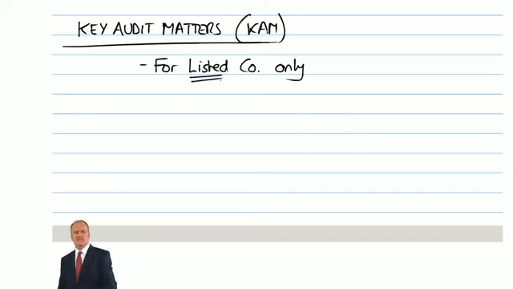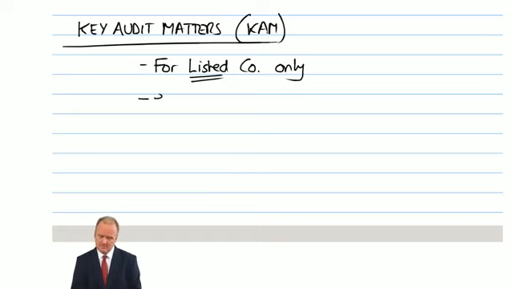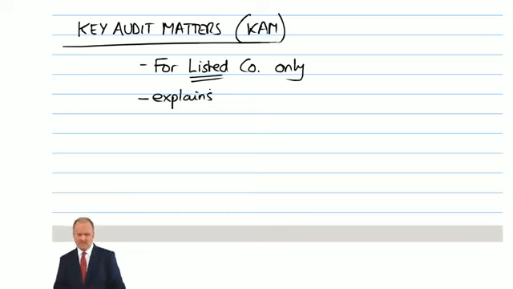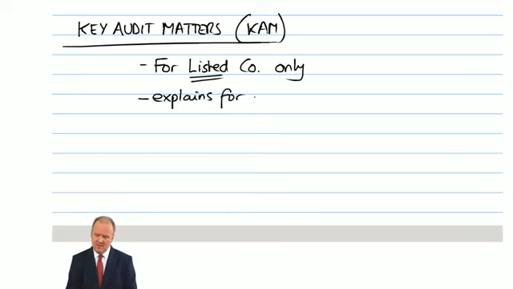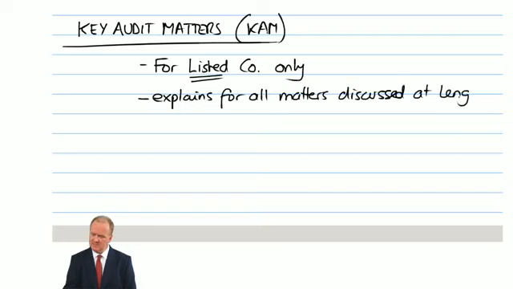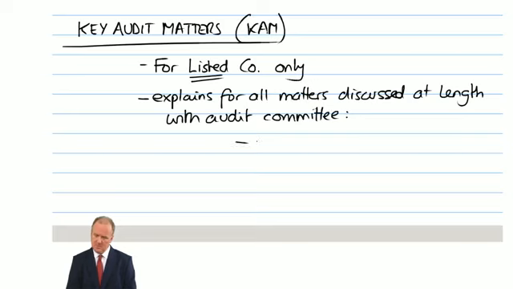Only relevant for listed companies. And what the auditor is required to do is explain, for all matters discussed at length, so significant matters, with the client's audit committee: What were the issues?